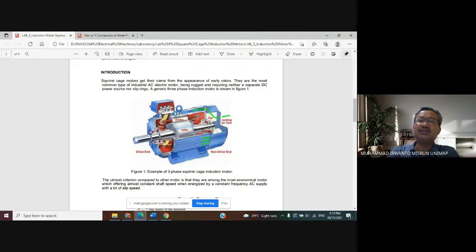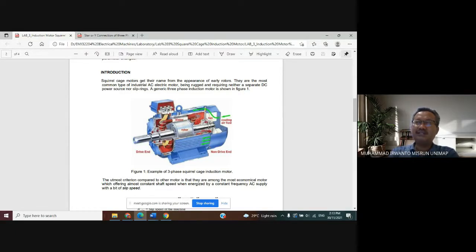Using this physics, the induction motor has some terminals. We can count 1, 2, 3, 4, 5, 6, six terminals. Normally they are given the symbols U1, V1, W1, U2, V2, W2.